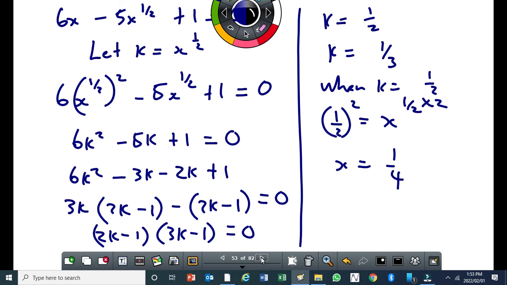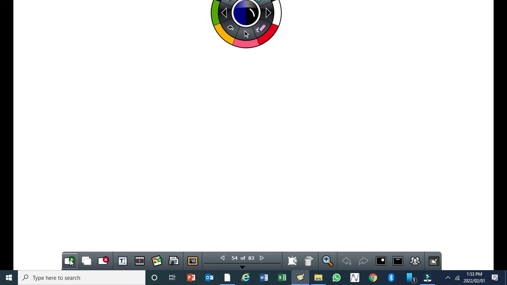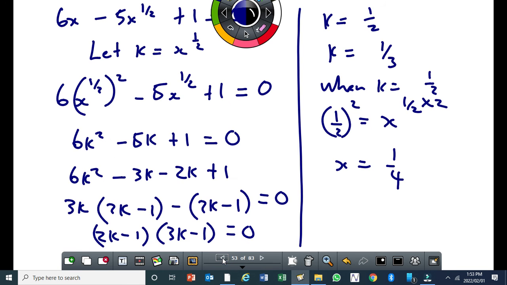So when k is equal to a third, I factorize, you equate each binomial to 0, then you solve for k.